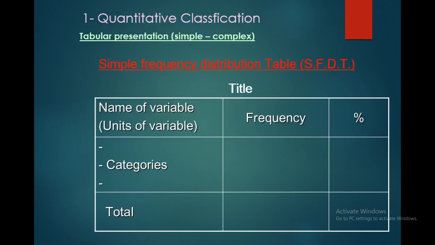This is the frequency distribution table, which can classify data according to the variable. The variable may be qualitative or quantitative.